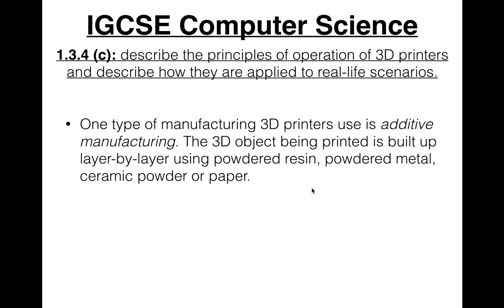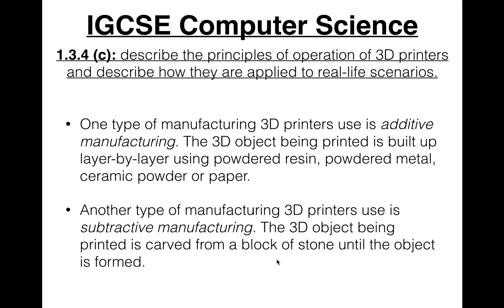Another type of manufacturing is subtractive manufacturing, where the 3D object being printed is carved from a block of stone until the object is formed. Now this type of manufacturing for 3D printers is less common than additive manufacturing because we could use powdered resin, powdered metal, and quite a lot of other materials.